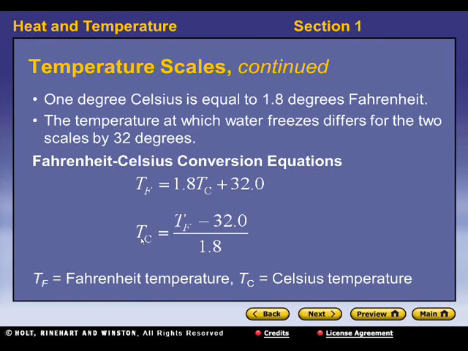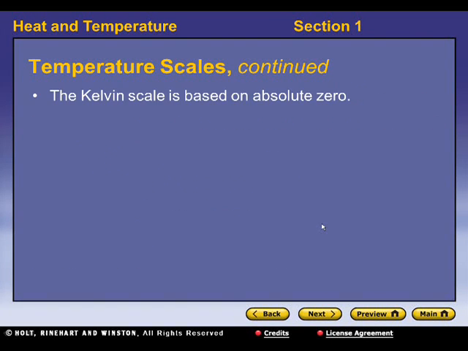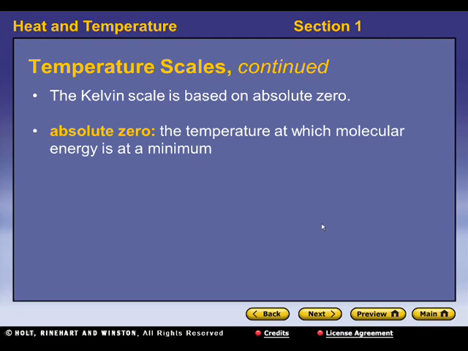And if you have Fahrenheit and want to convert to Celsius, you take the Fahrenheit temperature, subtract 32, and then divide by 1.8. And you see here that TF is the Fahrenheit temperature and TC is the Celsius temperature in these equations.